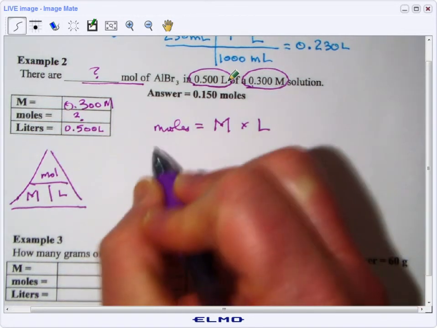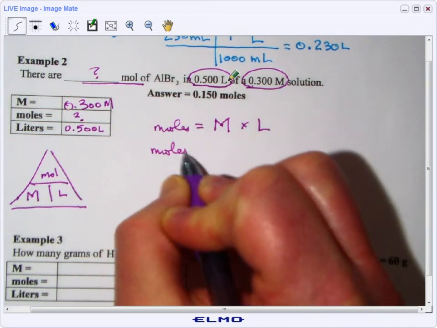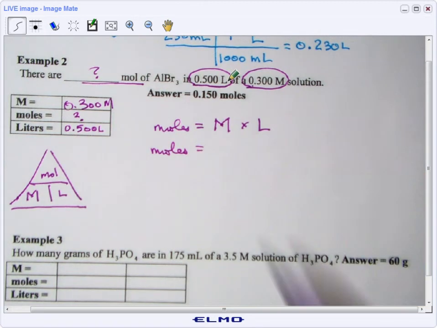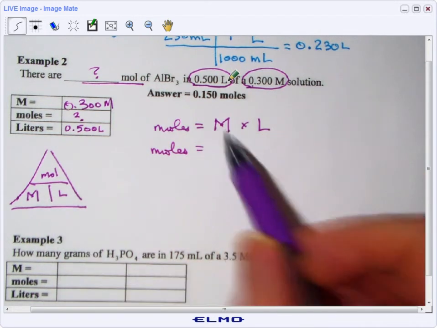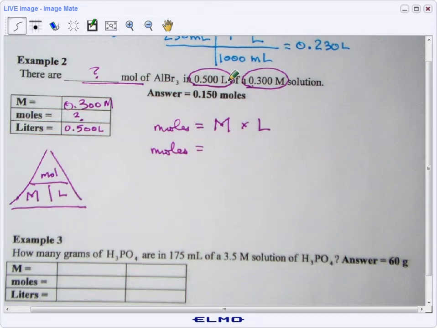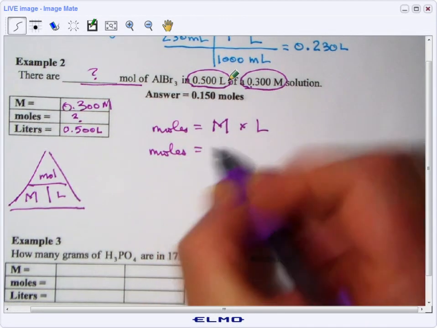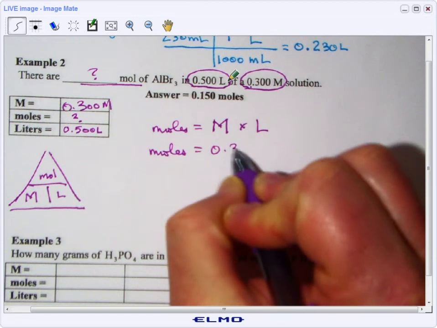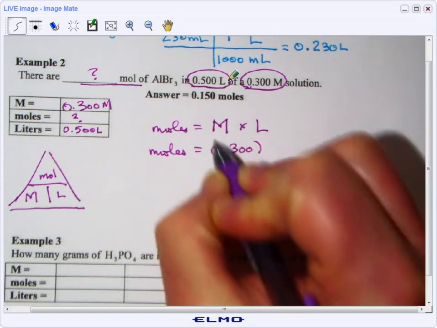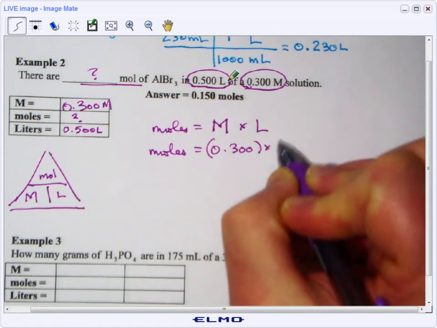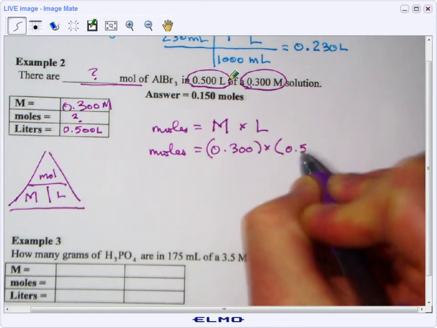And again, it really does help you to write this, and then write this. Just helps you to remember. If you were to do that every time, when it comes time for the test, your life is just so much easier. So my big M was 0.3, and my big L is 0.5.